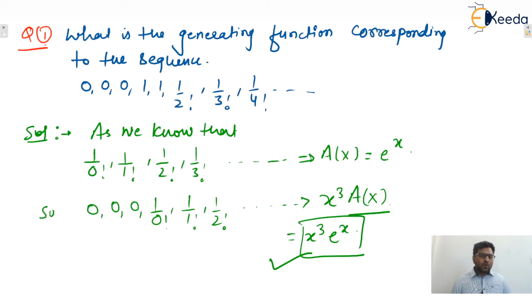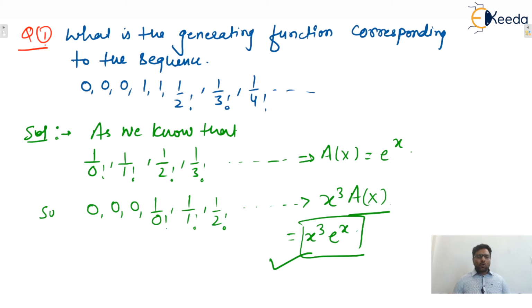So you can see the beauty of these properties. They are very, very helpful. If you know some standard generating functions for the standard sequences, then you will be able to handle each and every problem easily.